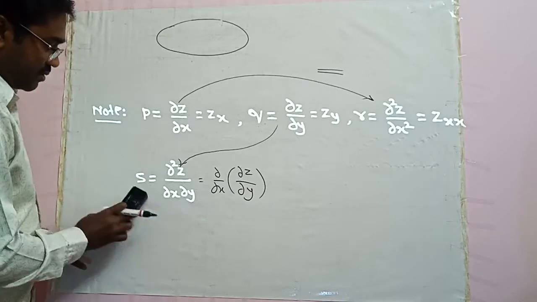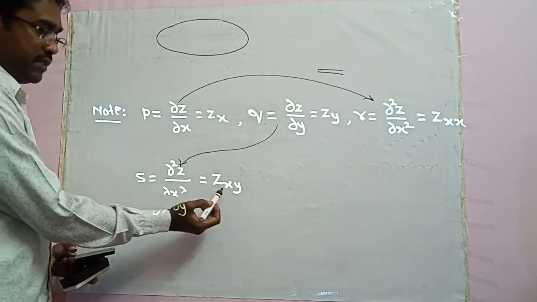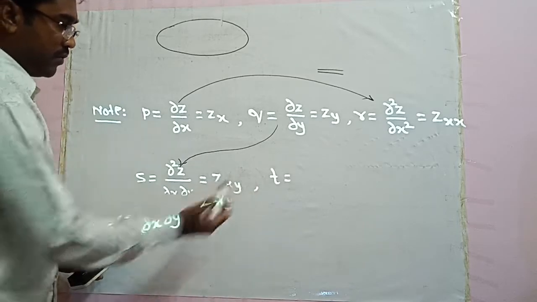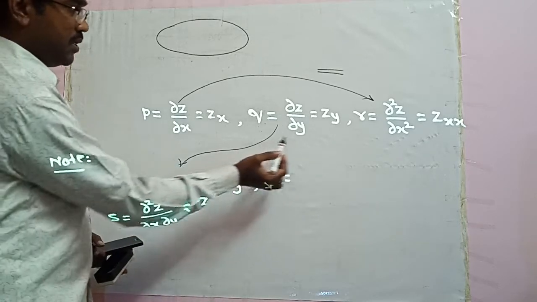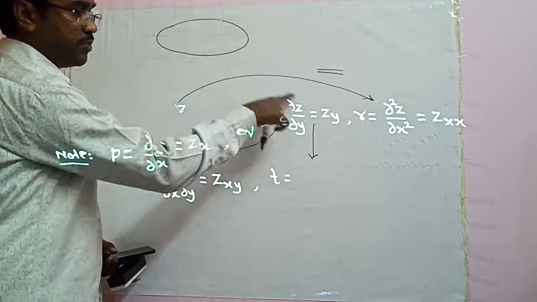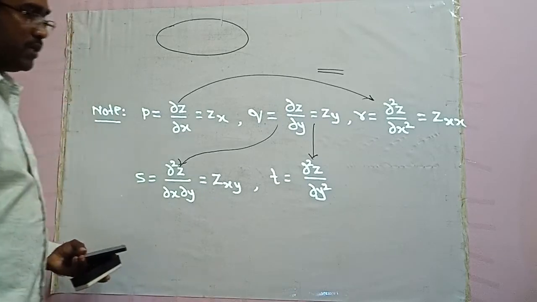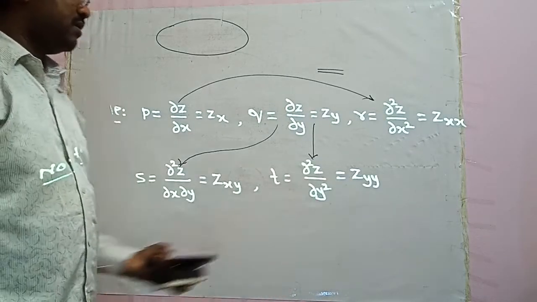So it is called s, or we can write z xy. And what is t? If you differentiate ∂z/∂y once again with respect to y, you will get ∂²z/∂y², which can be written as z yy.